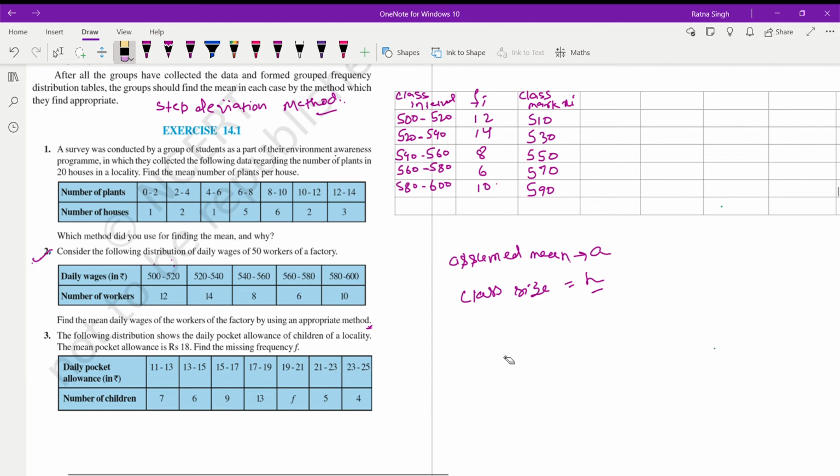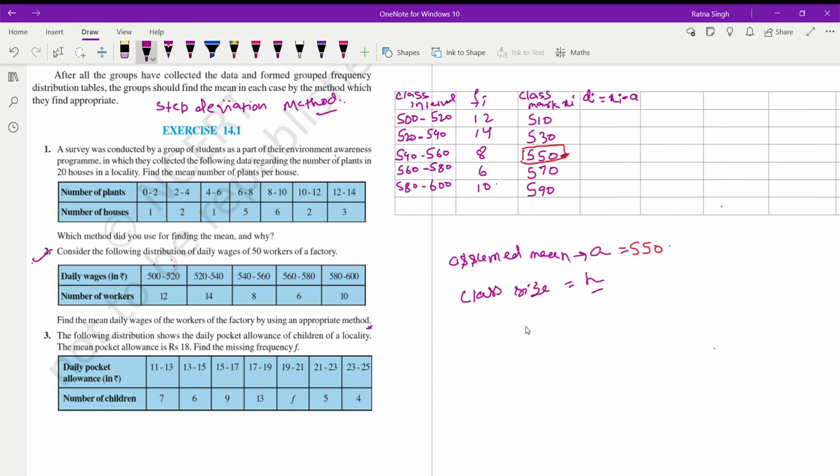So here now we take the assumed mean. After finding the class mark, we'll take the middle value. I'm changing the color to make it more clear. This will be the assumed mean. We'll generally take the middle value, and it is 550. It will help us in finding the di, that is deviation, which is equal to Xi minus the assumed mean, which is 550.